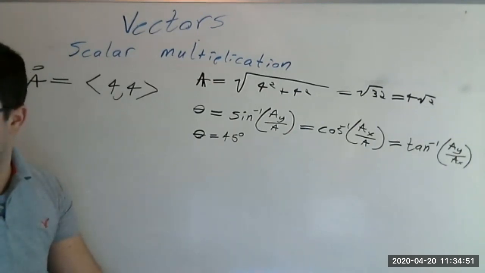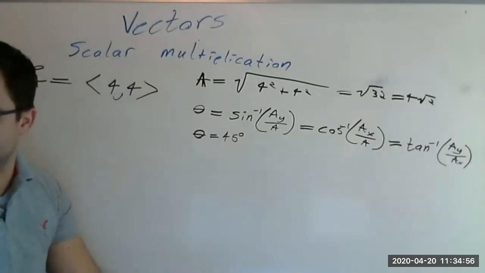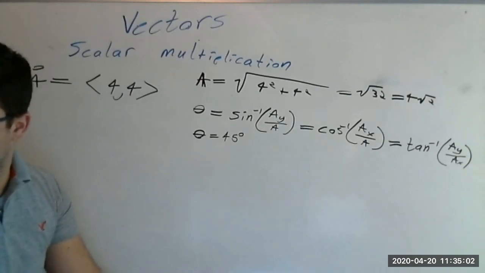So we have some special triangles, right? What is one of the special triangles? Right triangle. Well, they're both right triangles. 45, 45, 90.